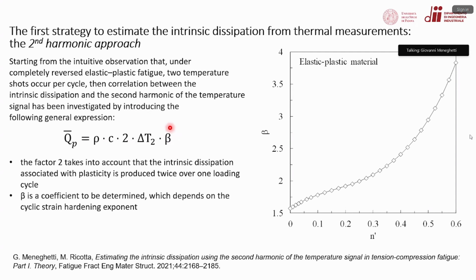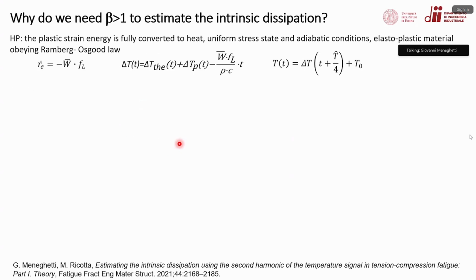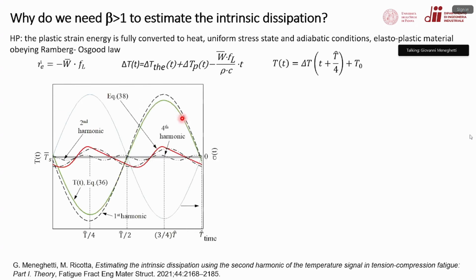But the reason why beta is needed inside this formula can be understood if we consider the thermal variation in a, for example, virtual experiment. We wrote the equation for the following simple case, which is summarized here. We considered an elastic plastic material obeying a Ramberg-Osgood law.